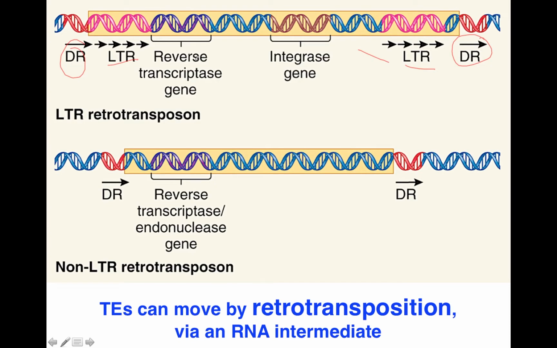So we needed a reverse transcriptase and we needed an integrase. Both of those are encoded within the transposable element itself. This is an LTR retrotransposon. There are also some non-LTR retrotransposons that have a different combination of those genes. So transposable elements can move by retrotransposition via an RNA intermediate, and they carry within them the genes that they need.